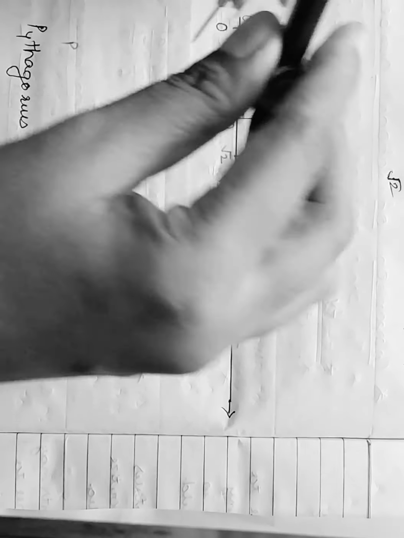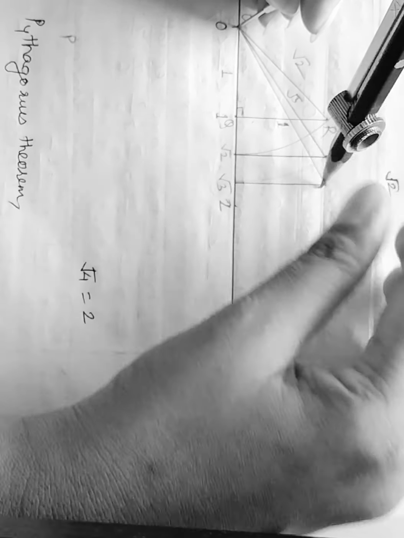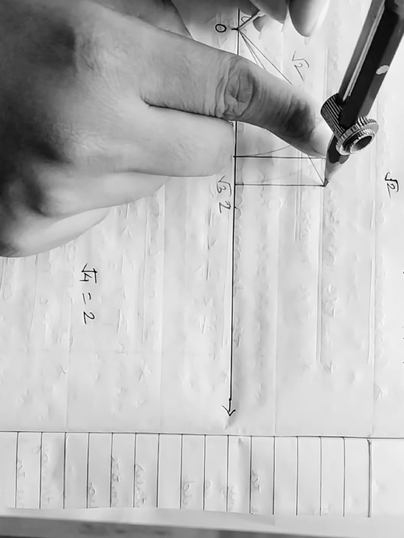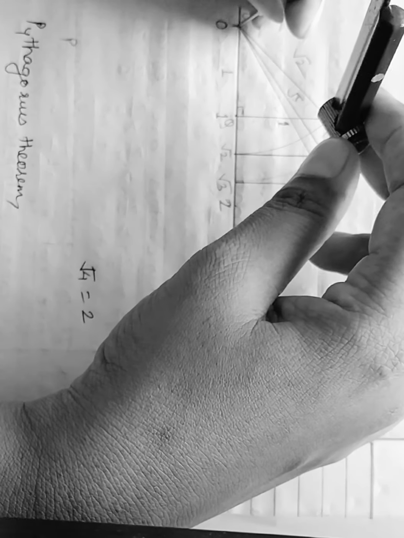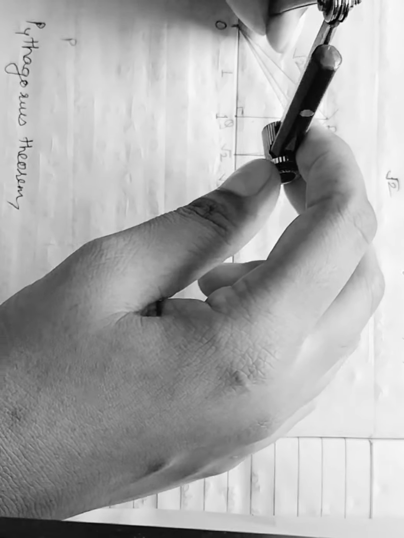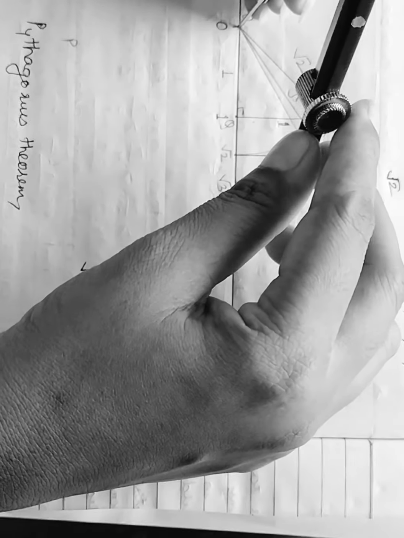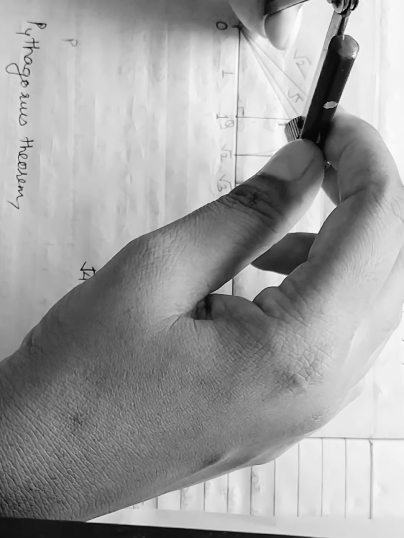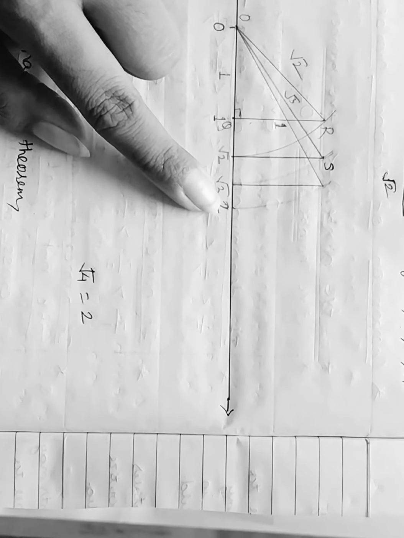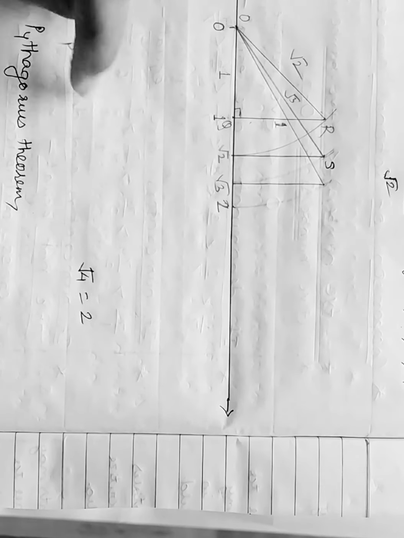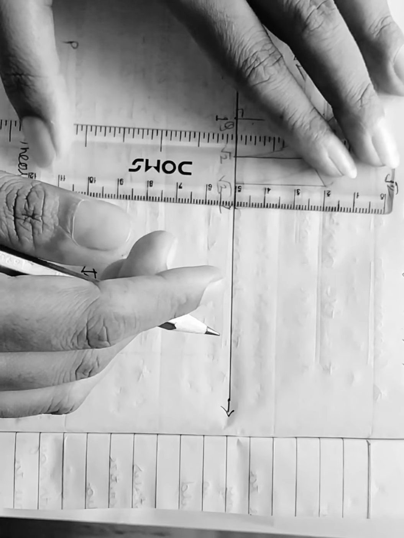Then take that distance. See this? Now draw one arc. So you can see it is coming on number 2. Square root of 4 means 2.